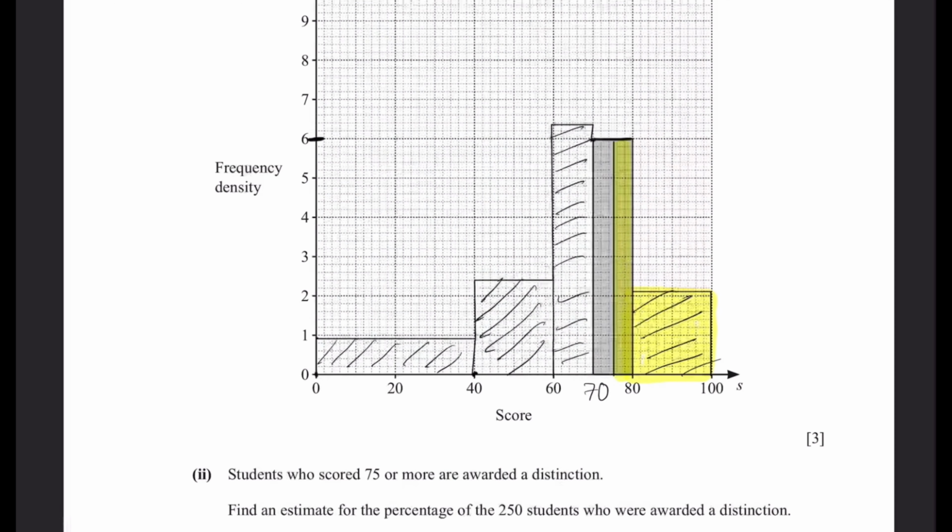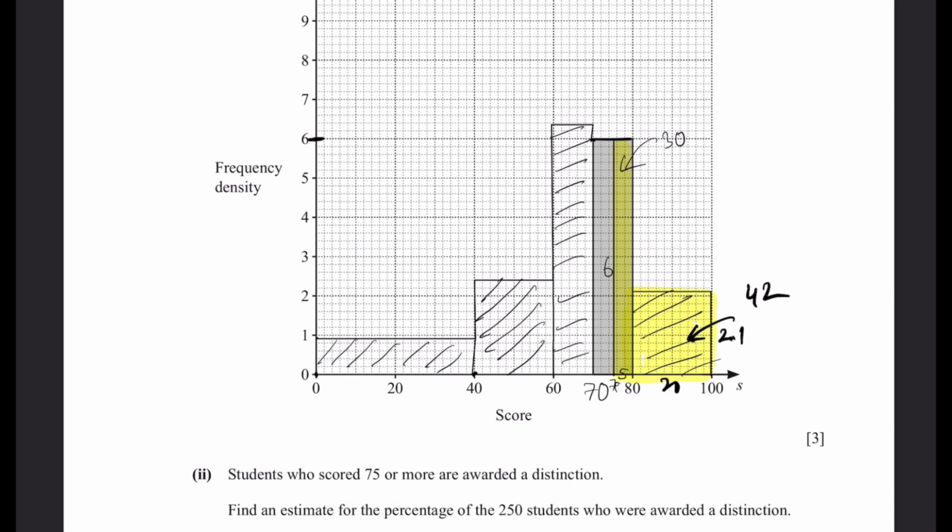This is 75, the breadth is 5 and the height is 6, so the area is 30. This one is 20 wide with height 2.1, that is 42. So the total is 72.